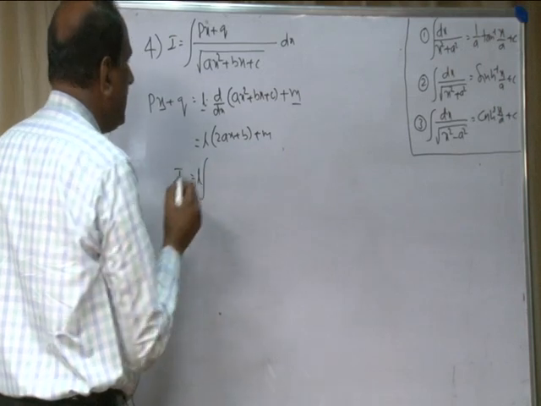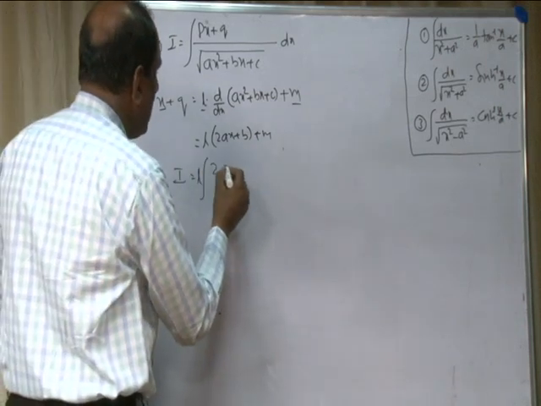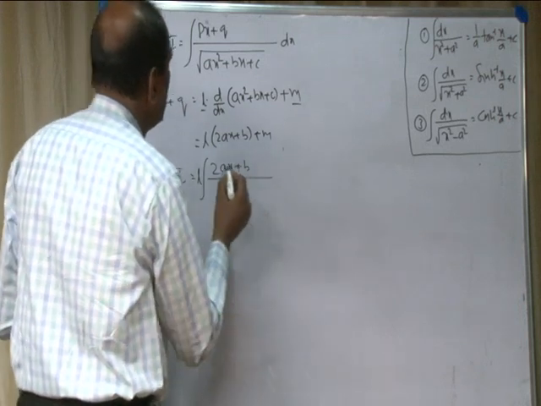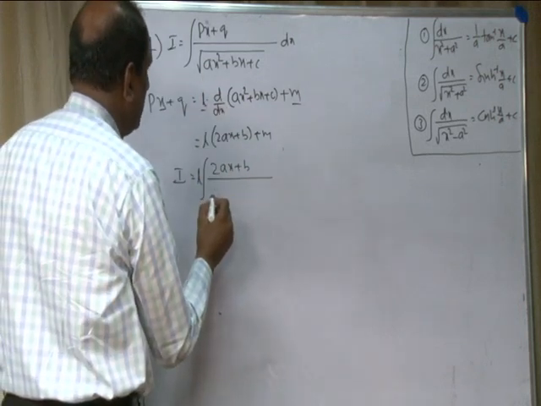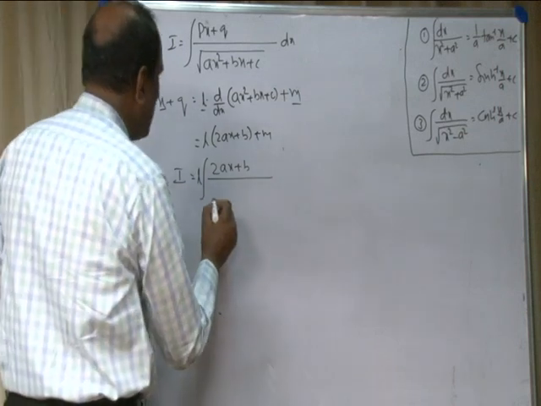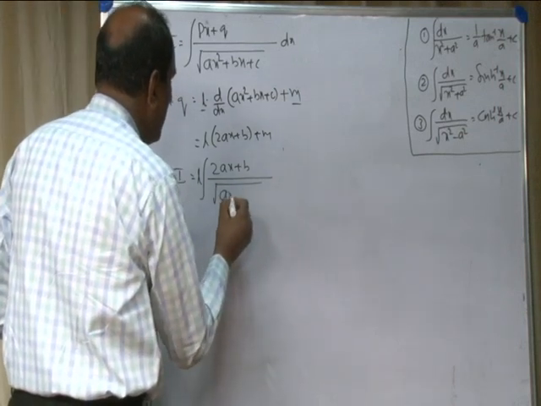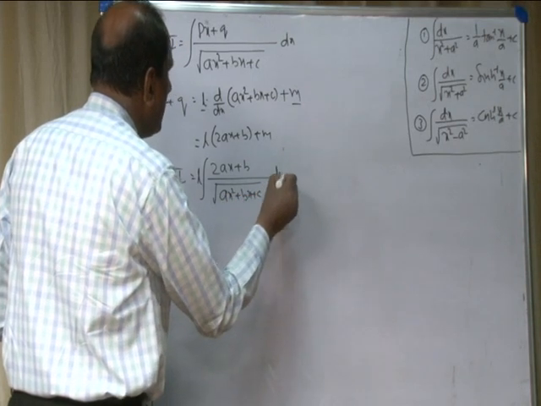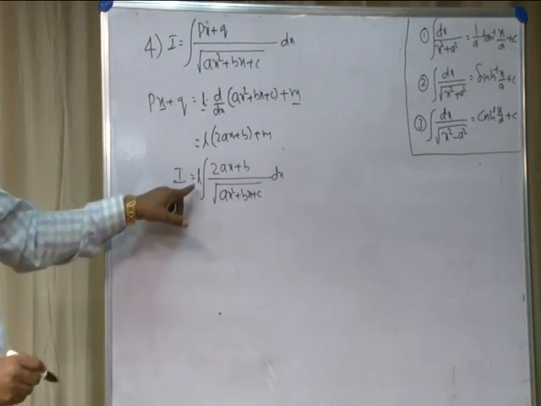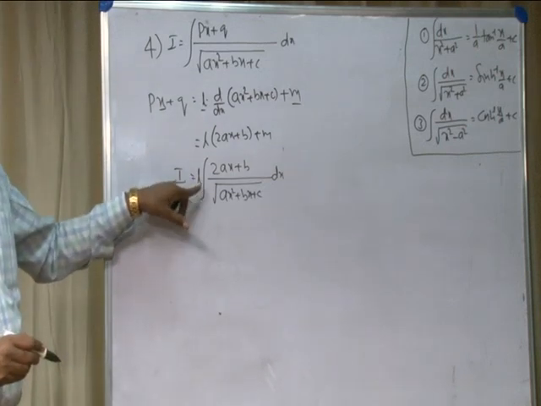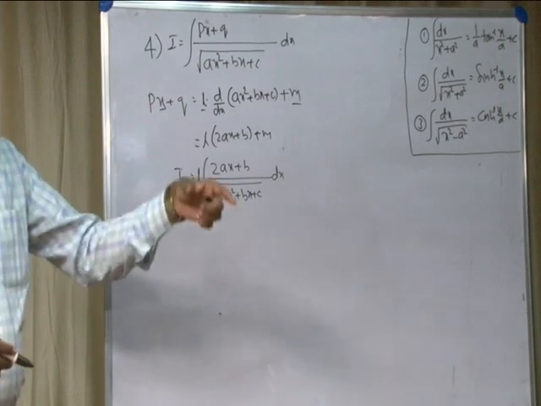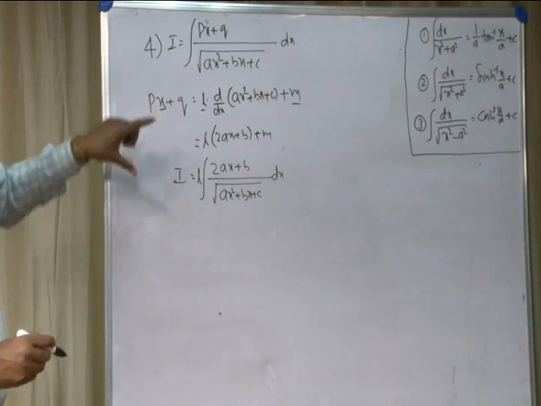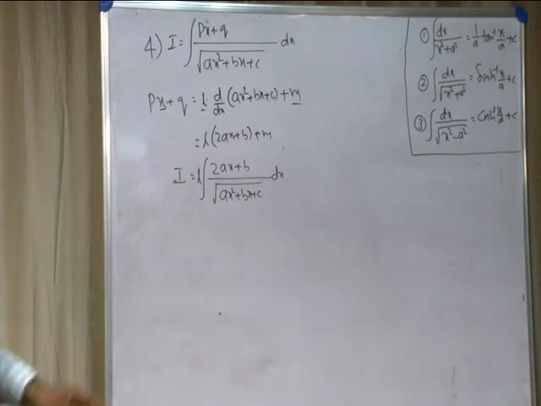L is a constant, outside, (2ax + b) divided by the root of (ax² + bx + c), dx. At the theory part, we do not know the value of L. I will explain how to find L and m while considering problems based on these four different standard forms of integrals.